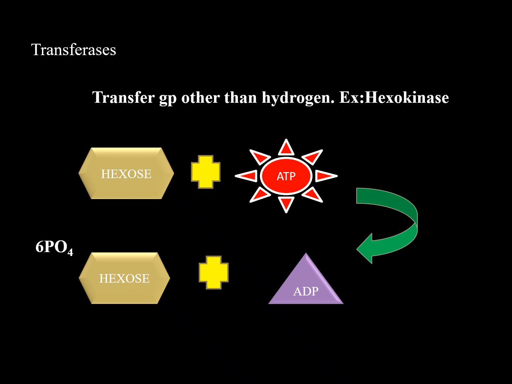A very common example is kinase, which transfers phosphate from ATP to another molecule. Another example is transaminase, which transfers an amino group. So transferases help move groups between molecules and help create new molecules in metabolism.